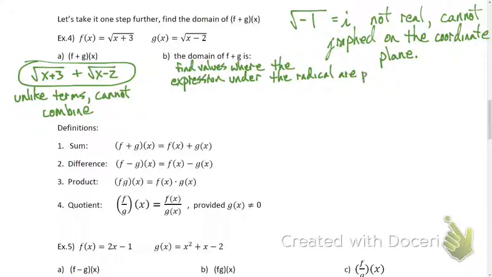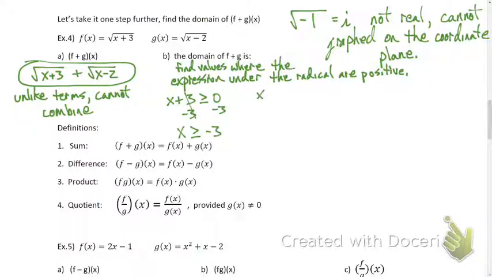So that's the first hard step. You set each one to greater than or equal to 0. So x plus 3 is the first expression under the radical. I force it to be positive. Solve that little thing. I subtract 3 from both sides, and I know that first radical is positive when x is bigger than or equal to negative 3.